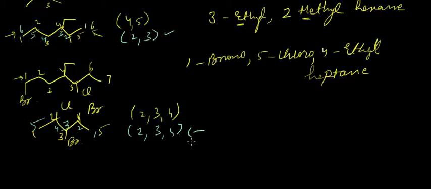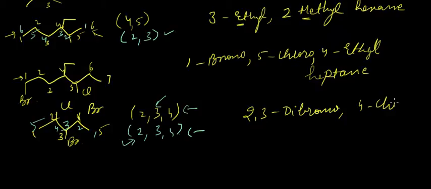Because in this naming convention we have bromo at the second position, while in the other we have bromo at a minimum of the third position. So giving the alphabetical order for the first letter of the substituent's name, I think the second naming would be chosen. So the name of this compound would be simply 2,3 dibromo, 4 chloro, and pentane.